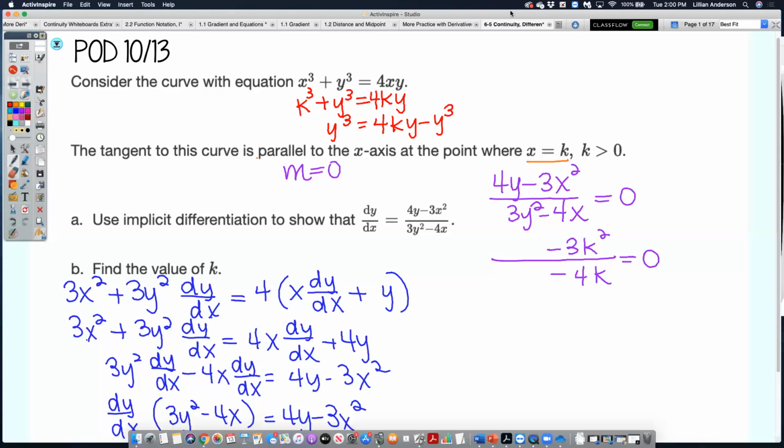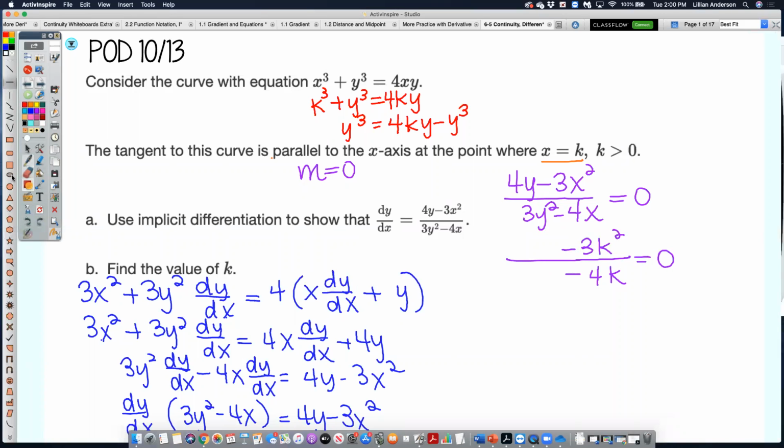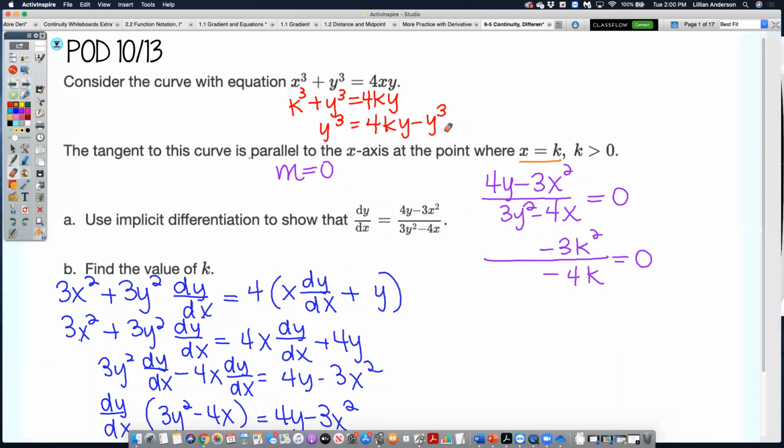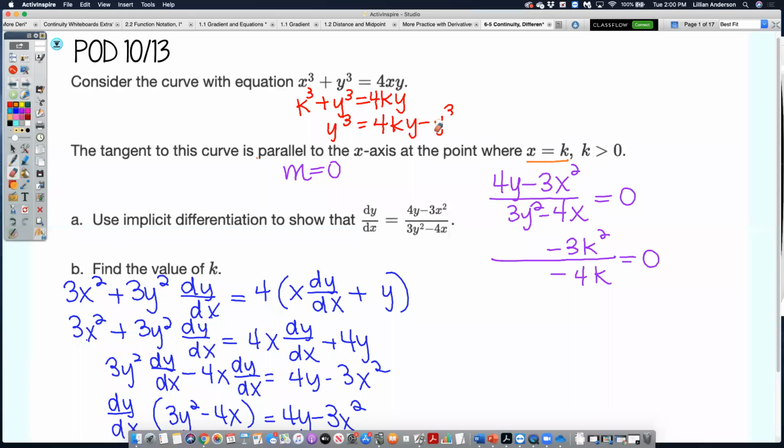No, hold on. Is K on the left or right of that? I see. My apologies.